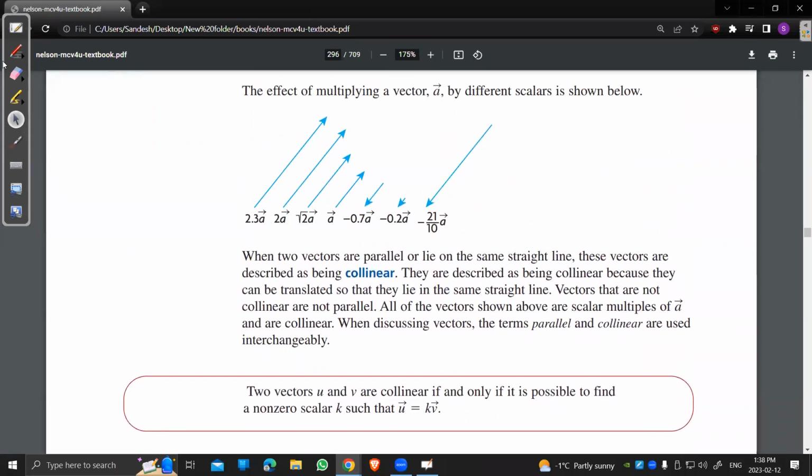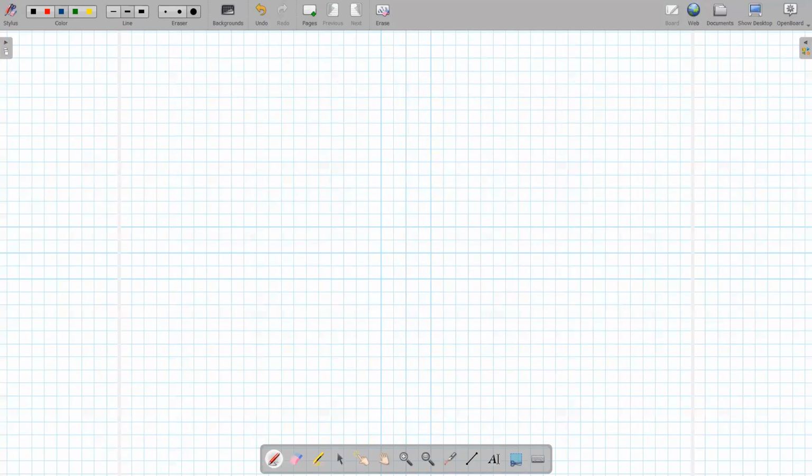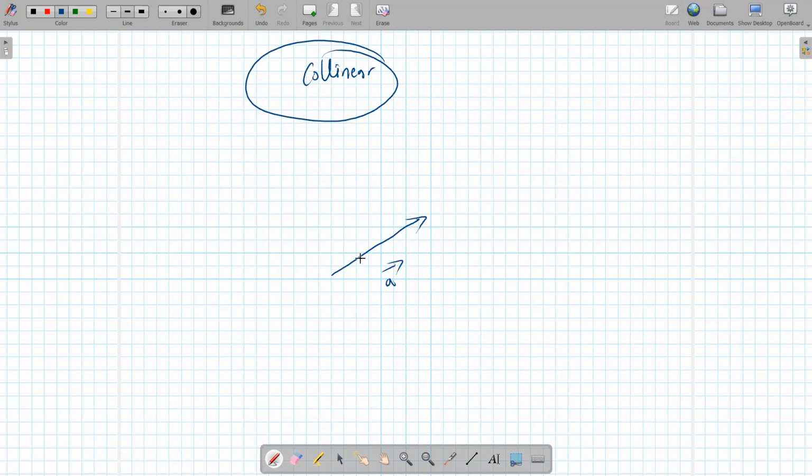There's another idea of something called collinear. Let's say you have some vector A going this way, right? And then directly on top, actually, I can also draw this on the side, 2a. 2a is also going in the same direction.